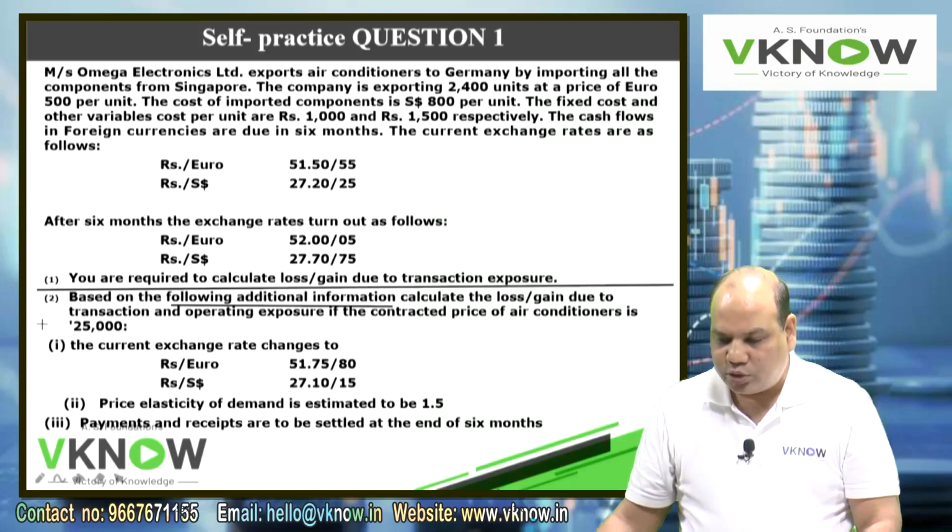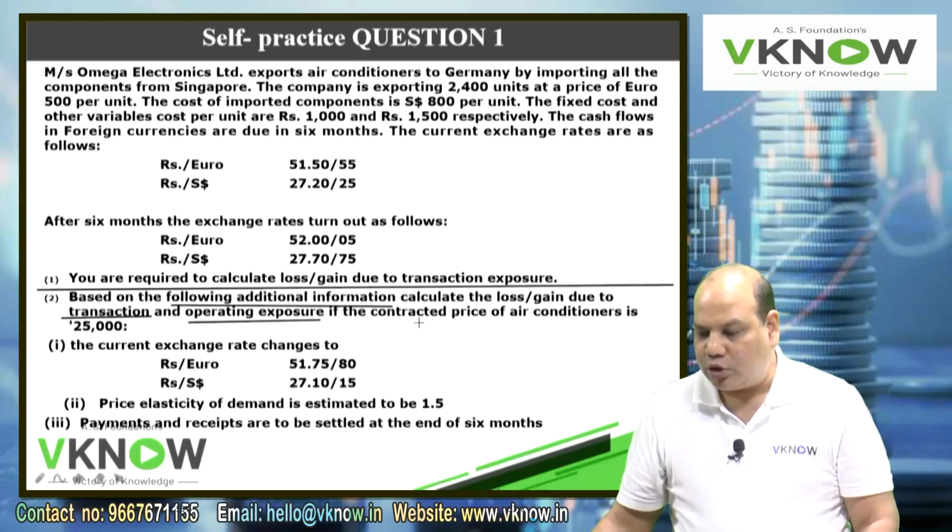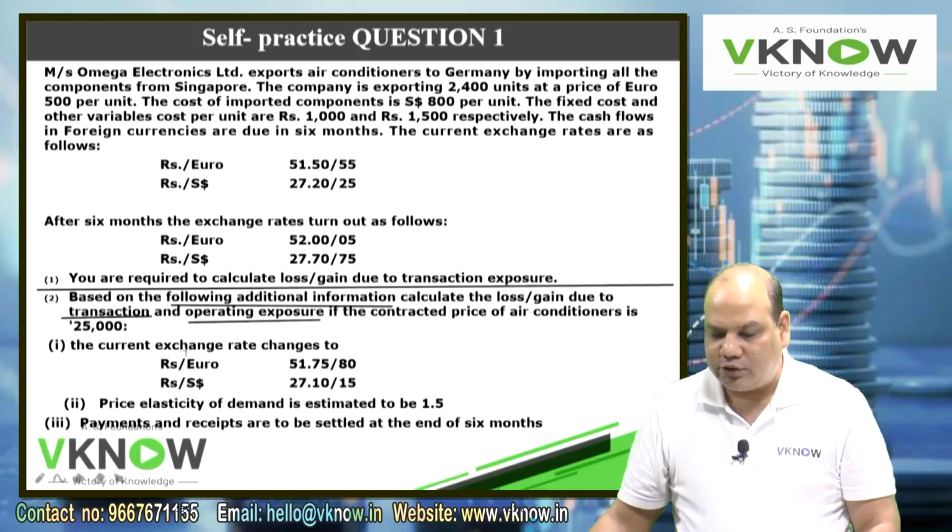So this time there are two types of losses. Transaction loss arises due to change in the exchange rate, and operating exposure arises due to some other factors. We will see. If the contracted price of the air conditioner is 25,000 rupees.